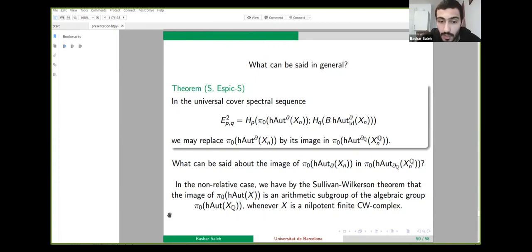So we have that this is an algebraic group, and the image of it in this group is an arithmetic subgroup.